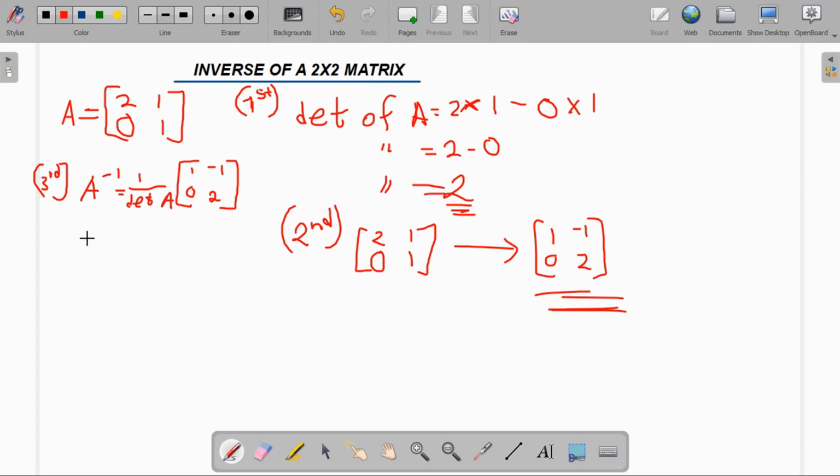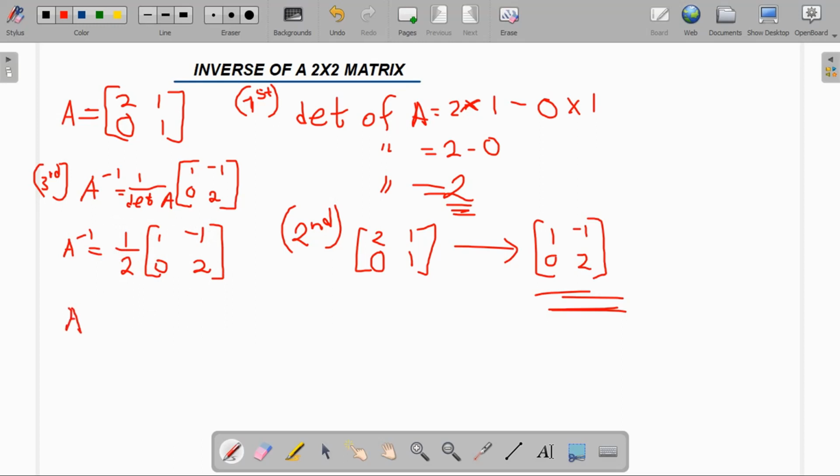From there, we are going to say the inverse of A is equal to 1 over the determinant of A, which we found is 2, and then multiply by the matrix with entries 1, 0, -1 and 2. So you multiply this scalar number by each entry in the matrix.